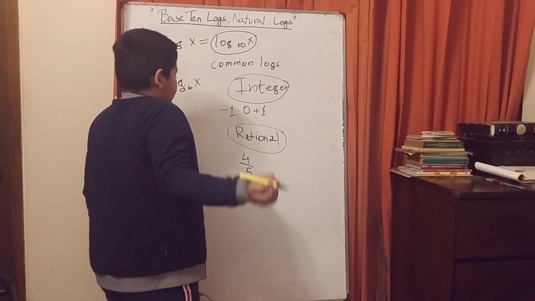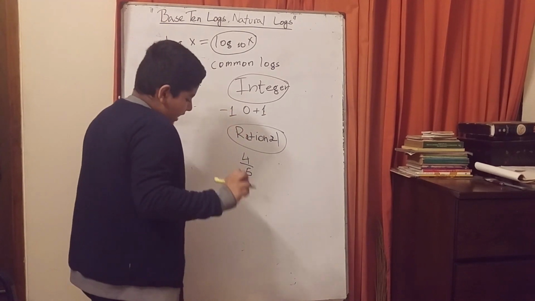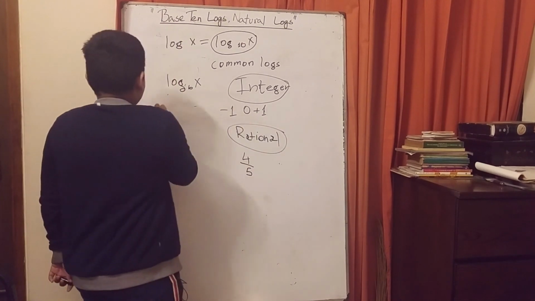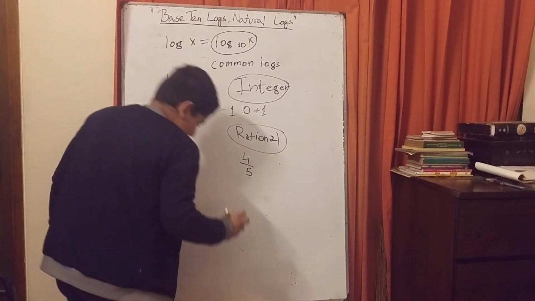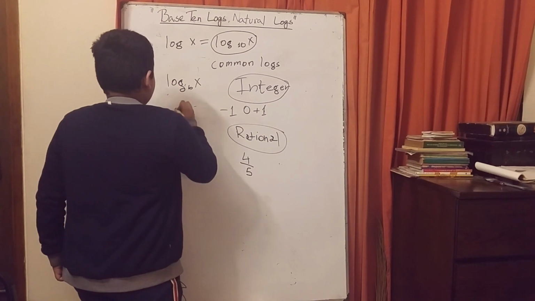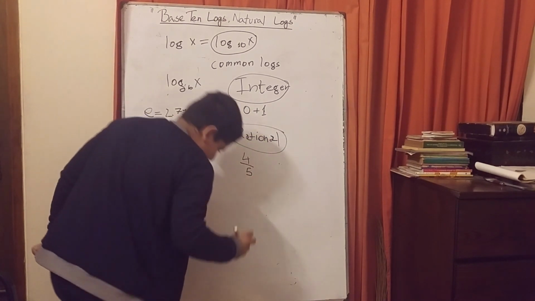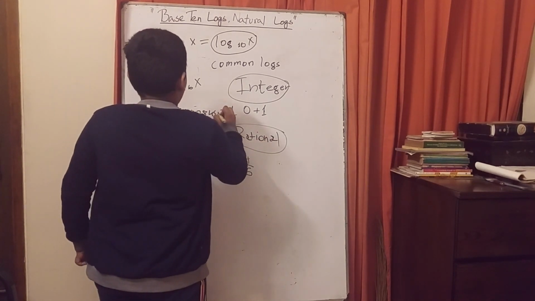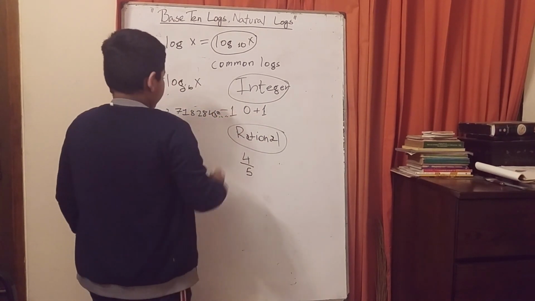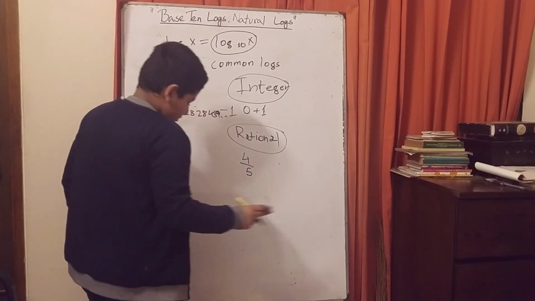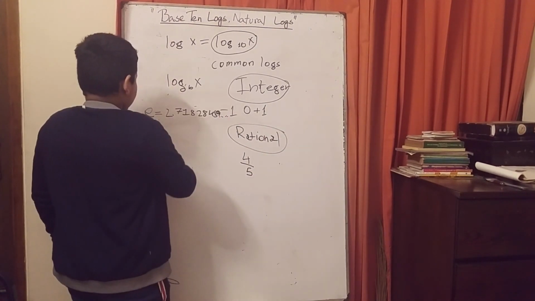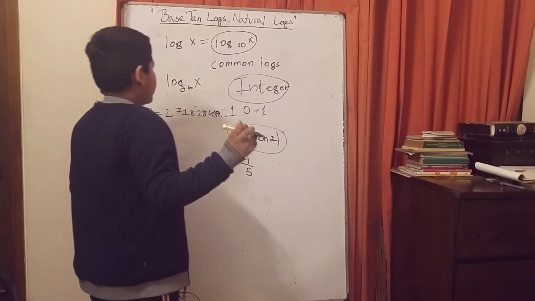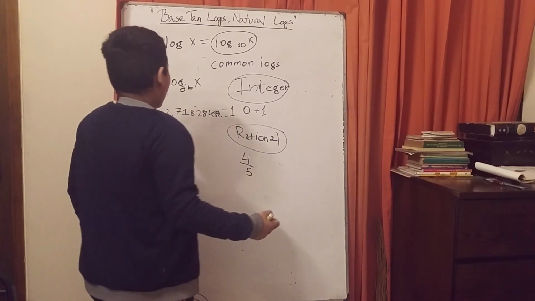Now, it can also be an irrational base, like e, which is equal to 2.718 28459, and it keeps going on forever and forever, without repeating. Now this is called a natural log.